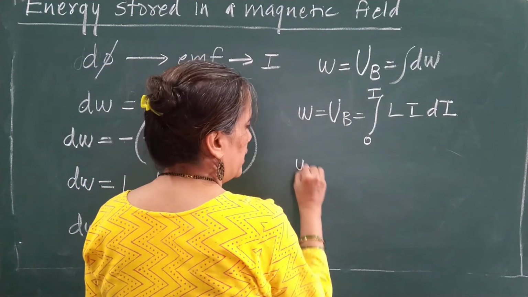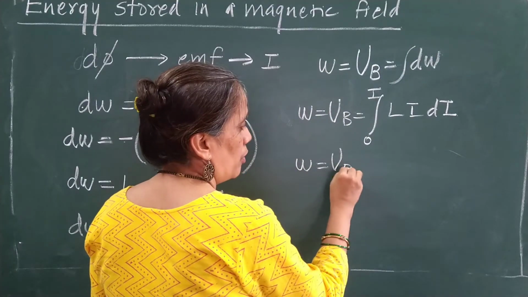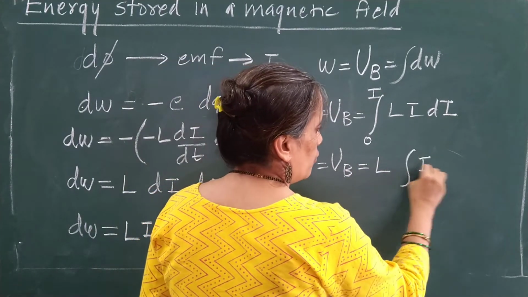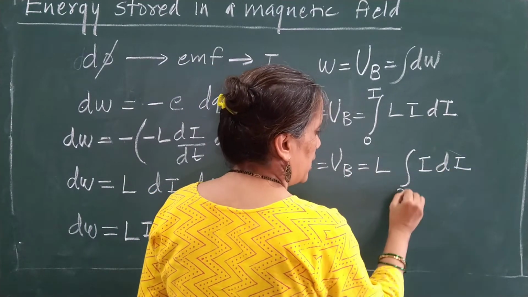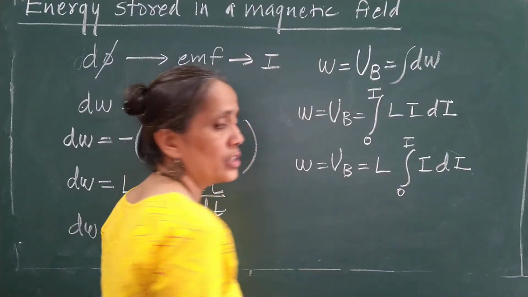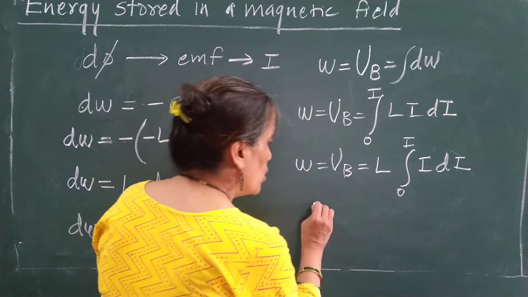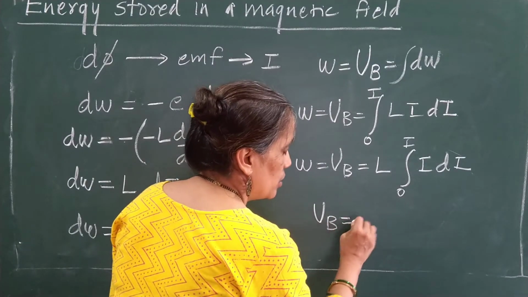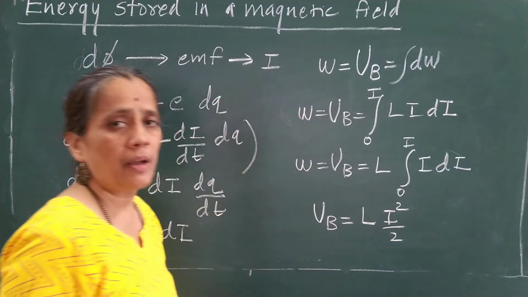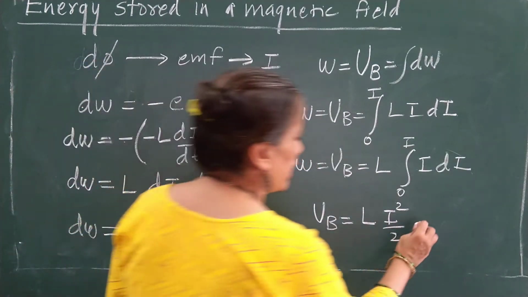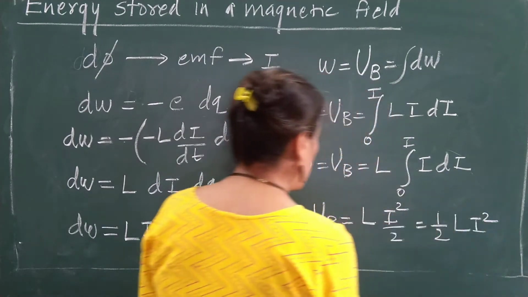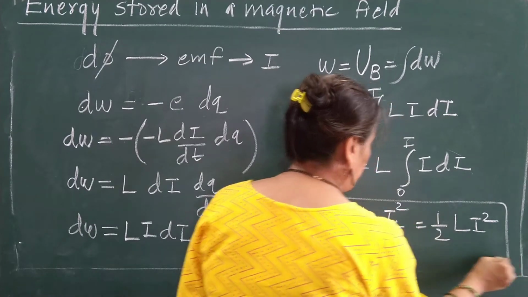So the work done, stored in the form of magnetic energy, is L integration of i di, limits from 0 to I. The integral of i di is I square by 2. So your magnetic energy is equal to L I square by 2, or I can write half L I square. This is nothing but the magnetic energy.